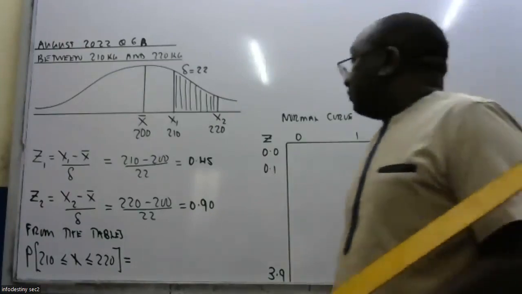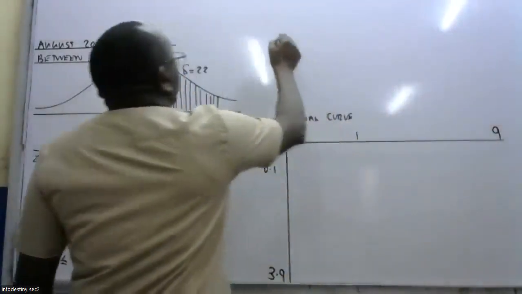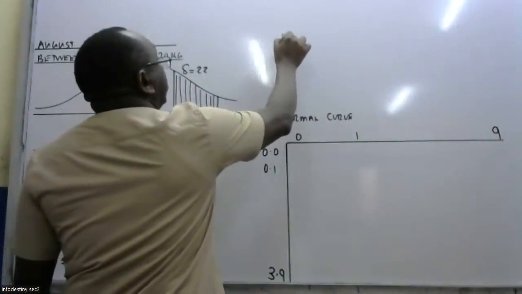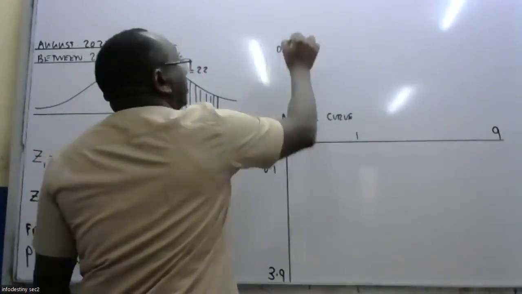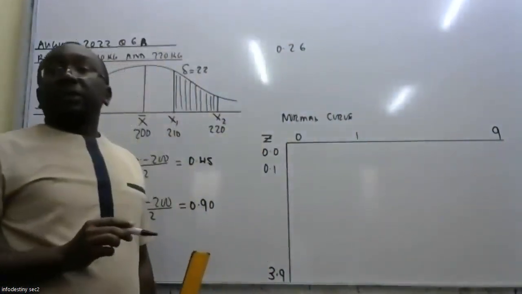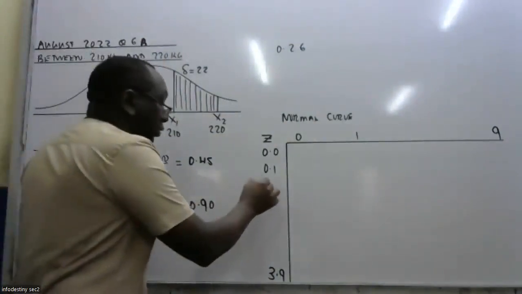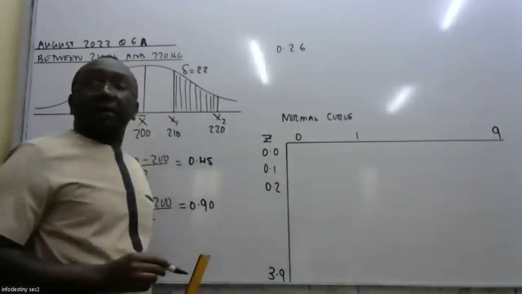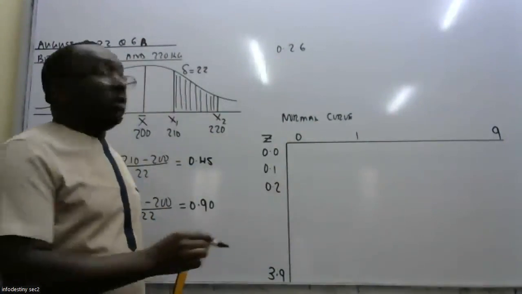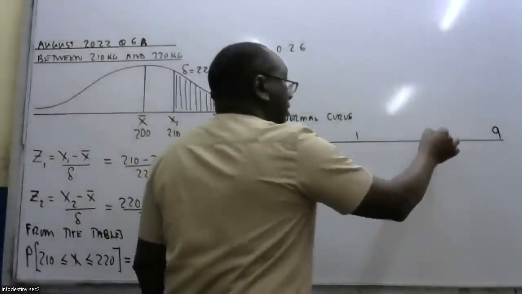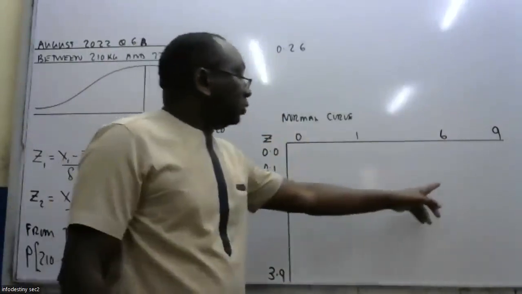Now, if you have gotten a value of Z, which is 0.26, how do you read that? You go to 0.2, that is the first decimal, and then you go to column number 6. Where they meet, you read.